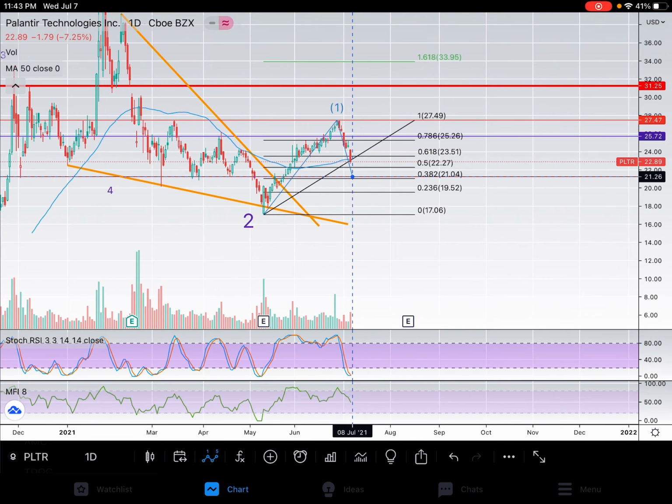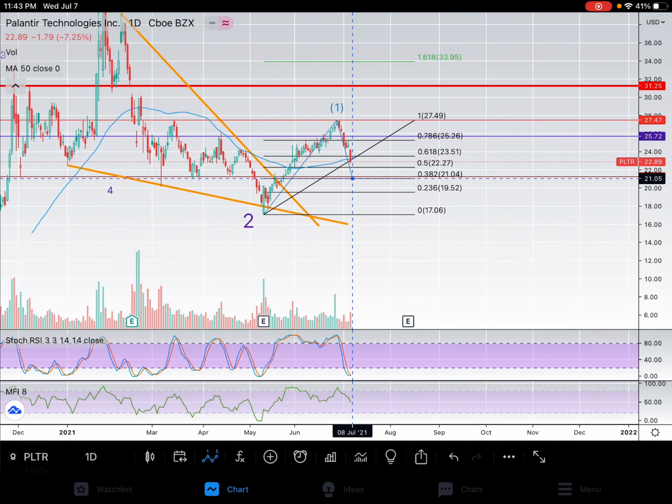The area of value where I'm thinking about adding more shares is this 21.04 level. That's the golden fib ratio, the retracement level that typical waves retrace to off of a wave.